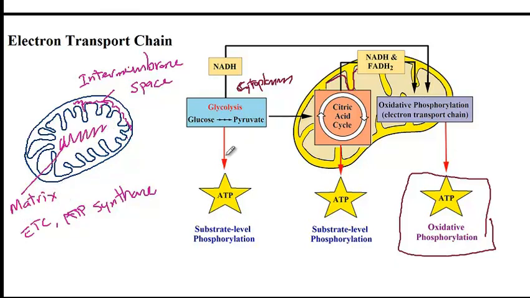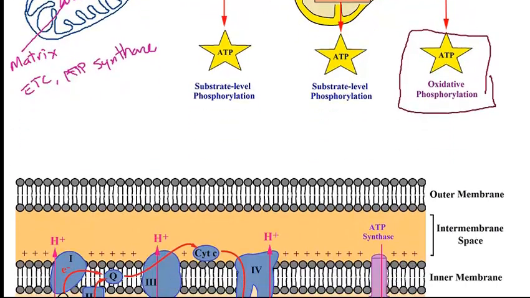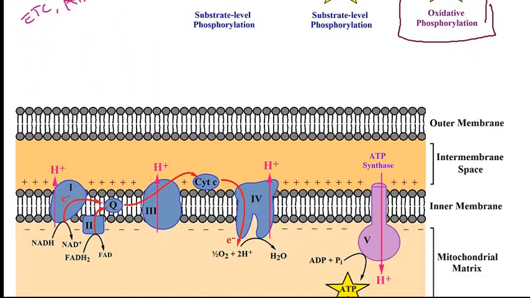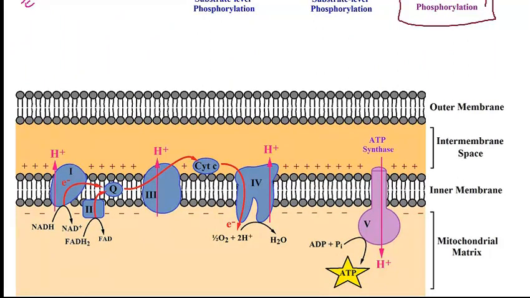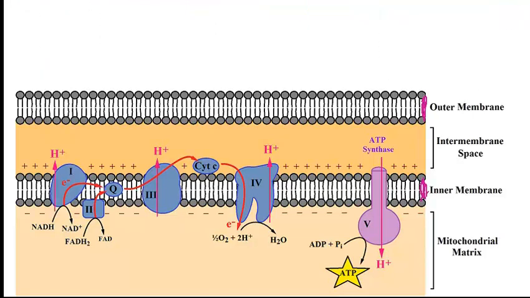And this mitochondrial matrix, as we just discussed, contains all the enzymes required for the citric acid cycle and the fatty acid oxidation. Right, so now here I have a drawing of the electron transport chain for you. Here we have the outer mitochondrial membrane, the inner mitochondrial membrane. The space between the two is called the intermembrane space, and the space bounded by the inner membrane is called the mitochondrial matrix.